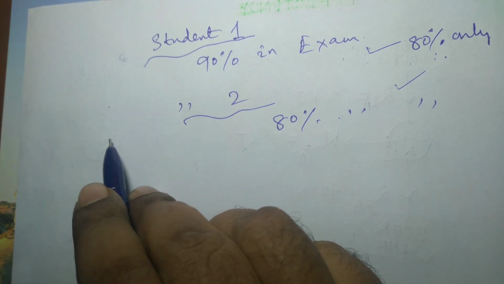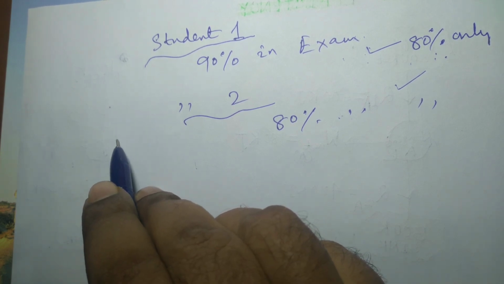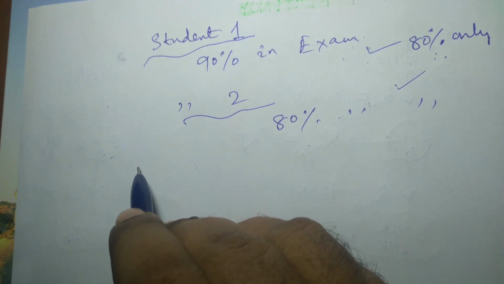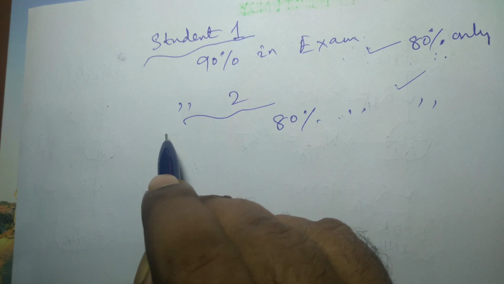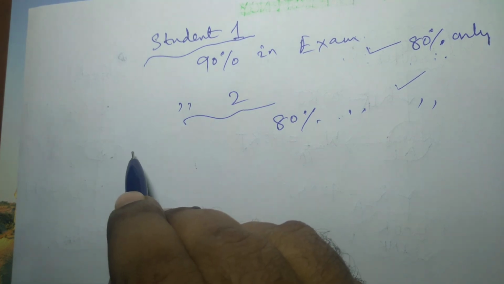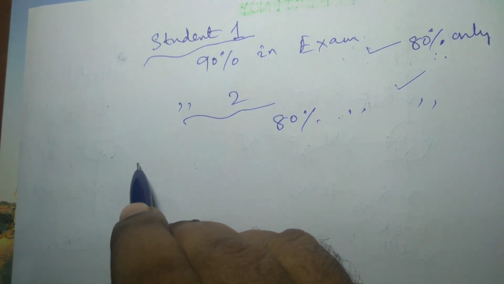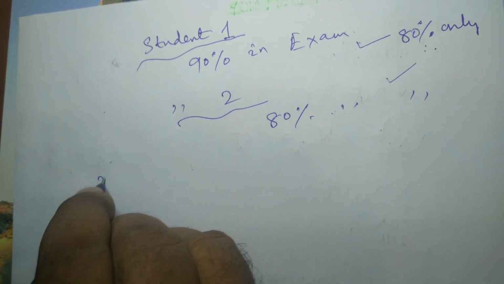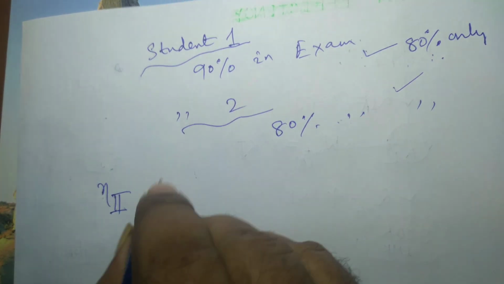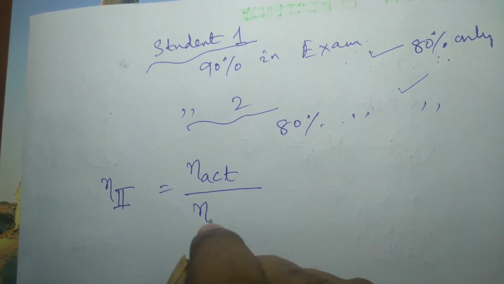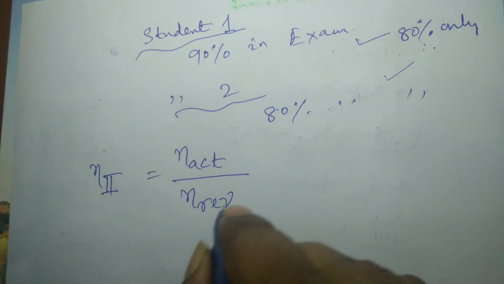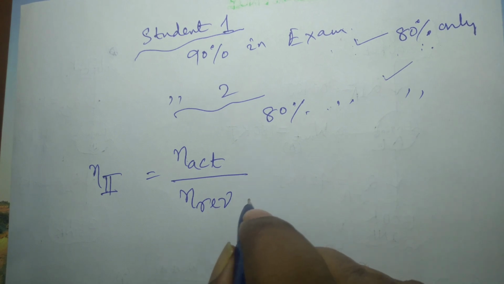When we calculate first law efficiency, we do not affix any quality index to energy, any quality dimension. No quality dimension is given to energy, only the quantity aspect we are concerned with. So second law efficiency can be defined as actual efficiency divided by maximum efficiency, that is the efficiency of a reversible heat engine.